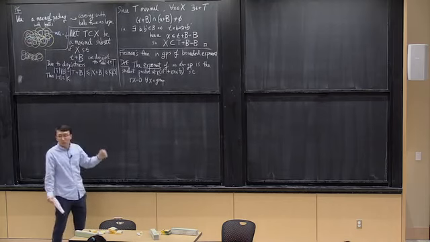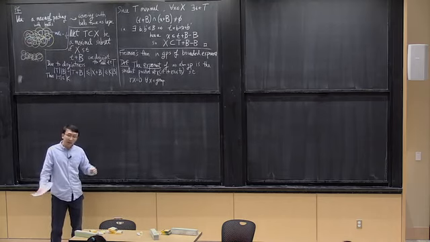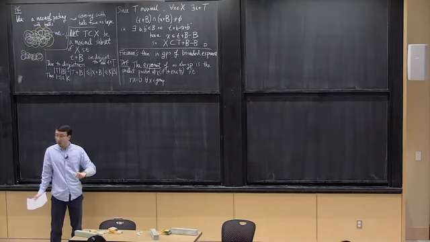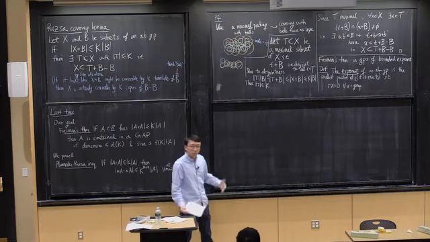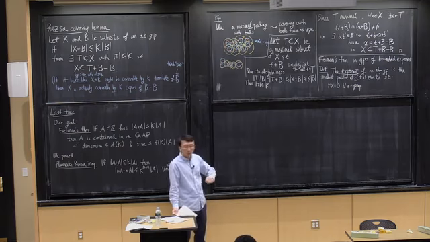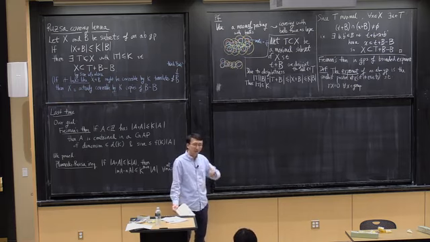So for example, if you are working in F_p to the n, then the exponent is p. So every element, if you add it to itself r times, vanishes.